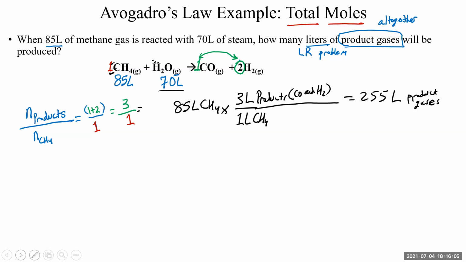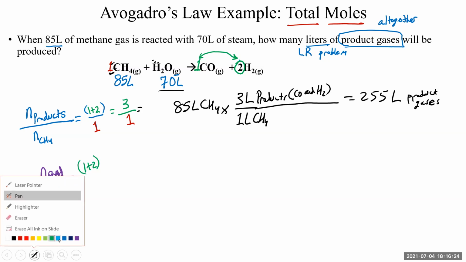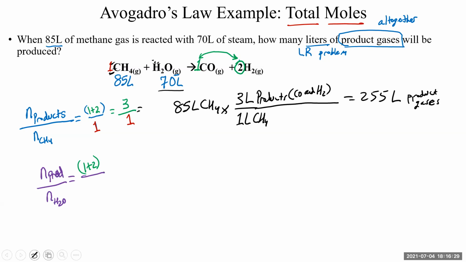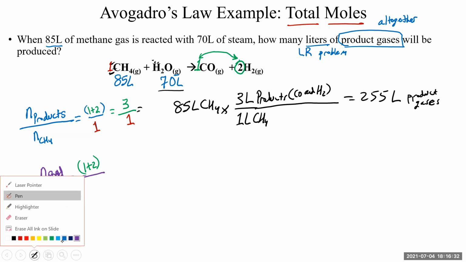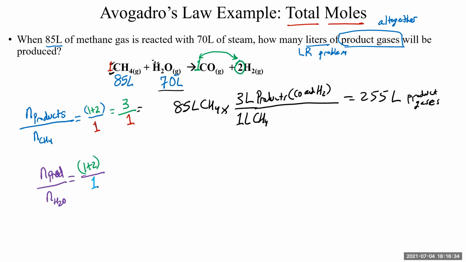So again, for water, it's going to be exactly the same sort of ratio. Our moles of product to moles of H2O is going to equal, again, 1 plus 2 to 1. That's a 3-to-1 ratio again.